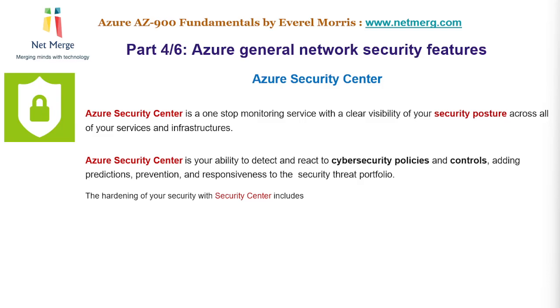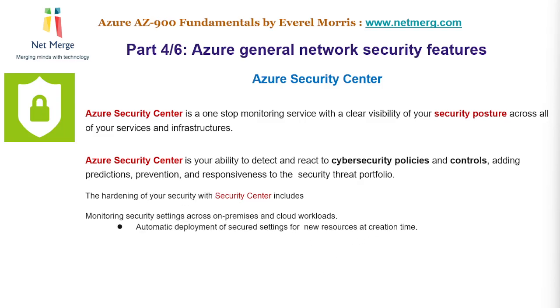Now, the hardening of your security with Security Center includes the following steps. It provides monitoring and security settings across the entire estate, on premises and also in Azure, so you get cross-platform security services. Also, you're able to do automatic deployment of security settings for new resources at creation time.